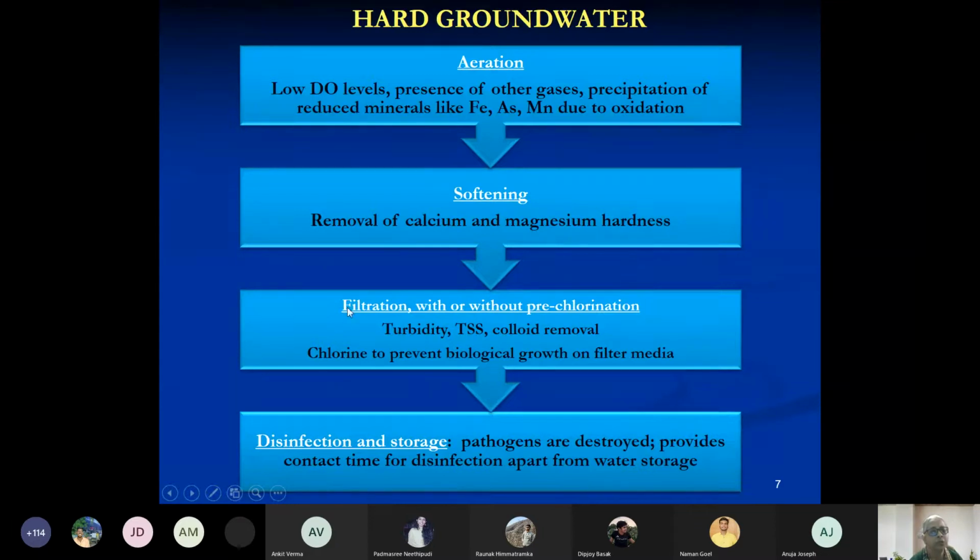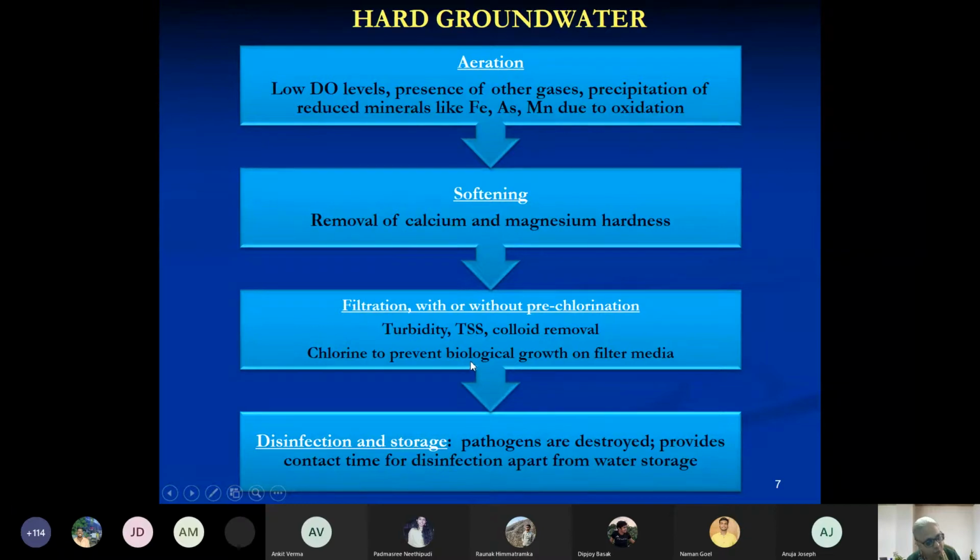And then we will come to filtration. Filtration can be done with or without rechlorination. Now, I already mentioned that you need filtration to remove turbidity, total suspended solids, and colloids. Now, one of the problems with filters, if the filtration rate is fairly slow, is that you get biological growth because bacteria, algae, fungi, all of them love surfaces.